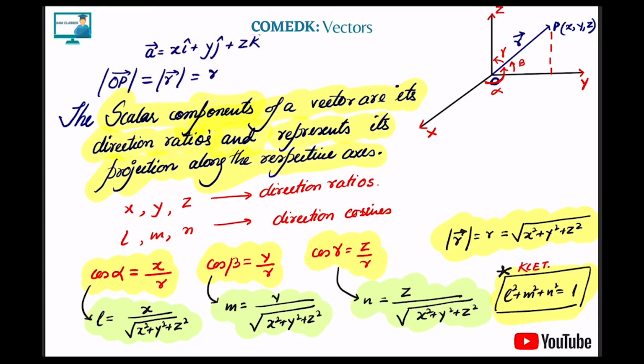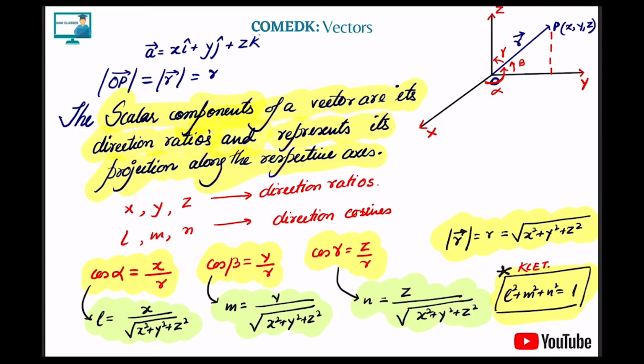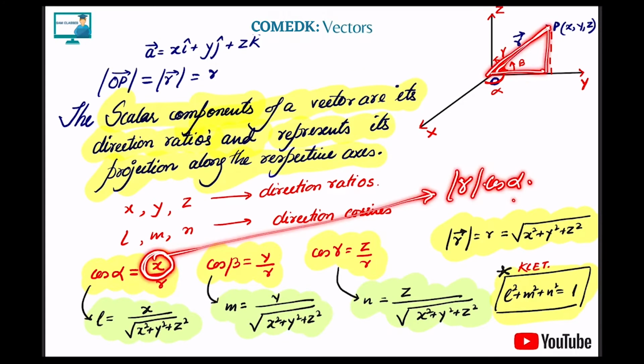Now, the scalar components of the vector are nothing but its direction ratios, and they represent the projection along the respective axis. What do we mean by that? Very simple. This x is nothing but the projection of the OP vector along the x-axis. This y is the projection of this vector along the y-axis.